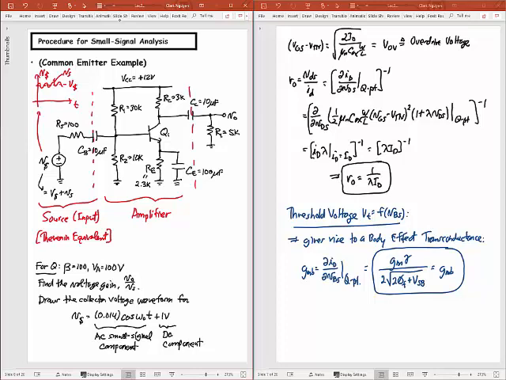And at the output, what I expect to see is something similar, except that this will be my output voltage. Well, I'll put a line down that to show that that's a capital O as well. So this will be at some other voltage here, V capital O. That doesn't have to be the same as this V capital S here.